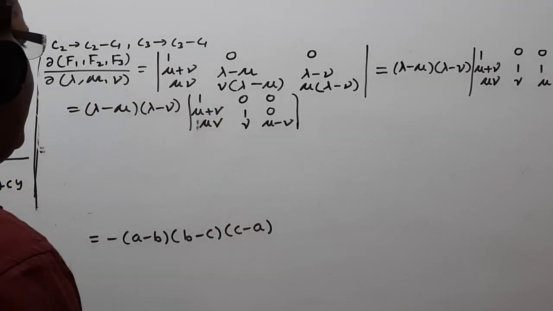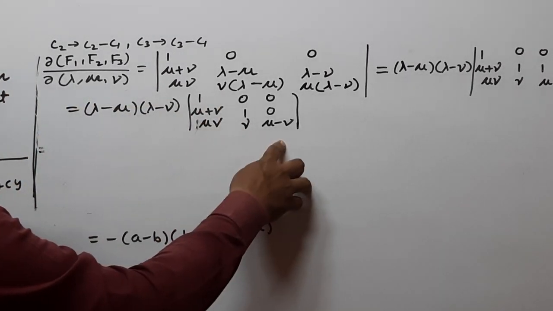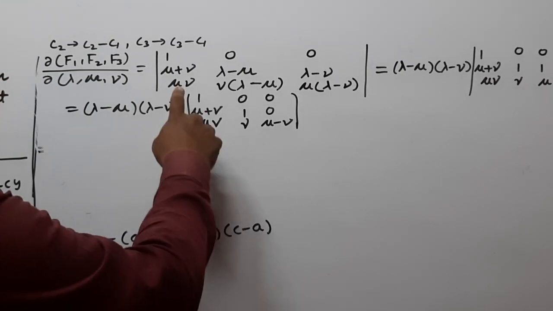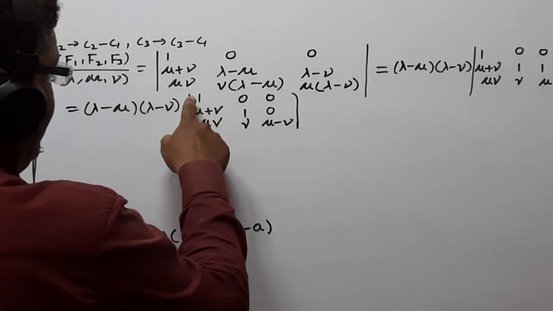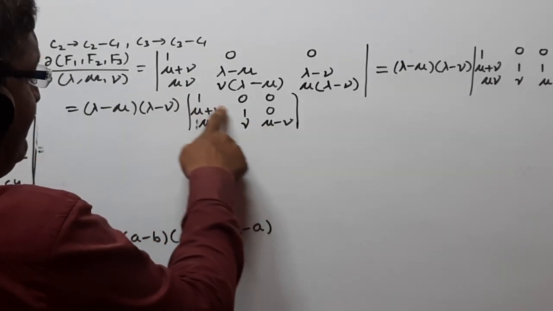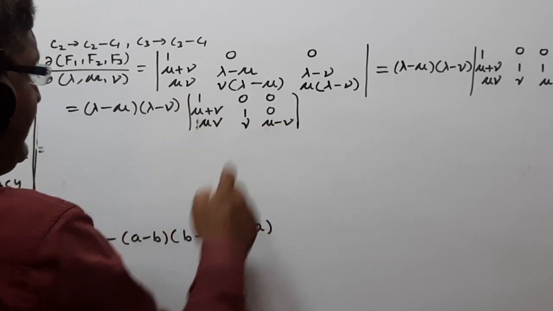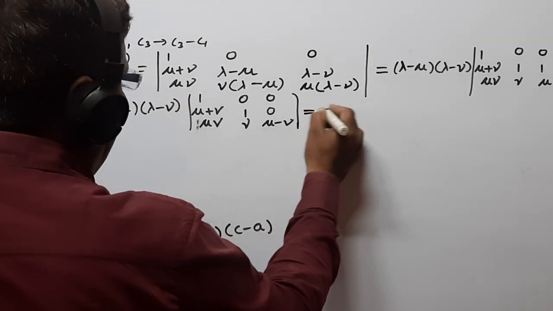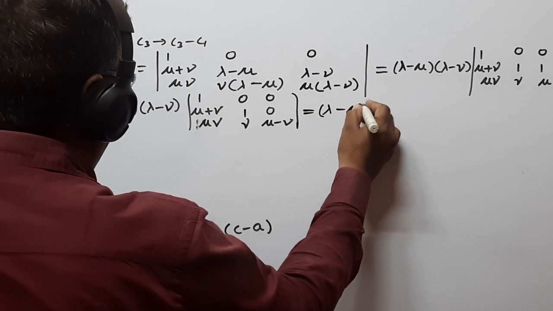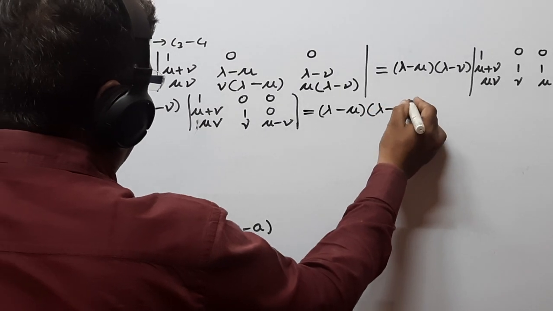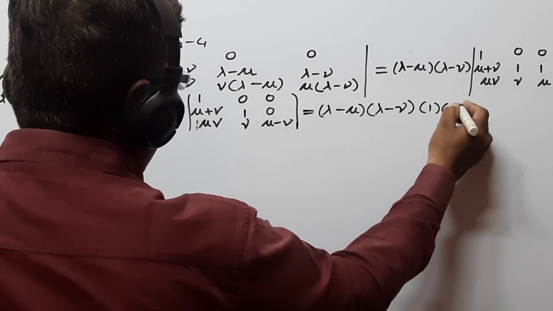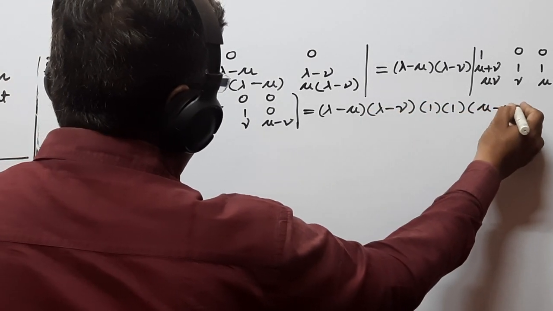You can see that this is the determinant of a lower triangular matrix. So the value of this determinant is the product of the elements of the leading diagonal. So there will be lambda minus mu, 1, 1 and mu minus nu.